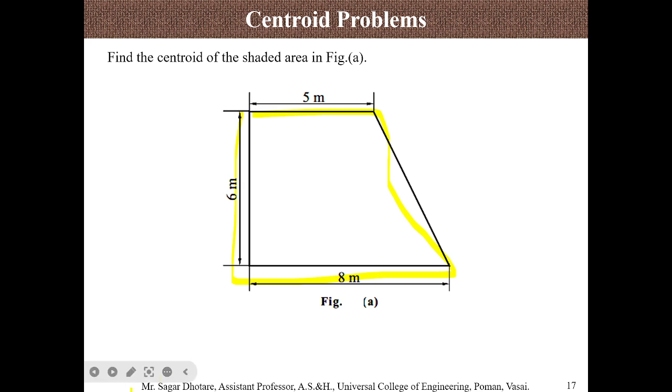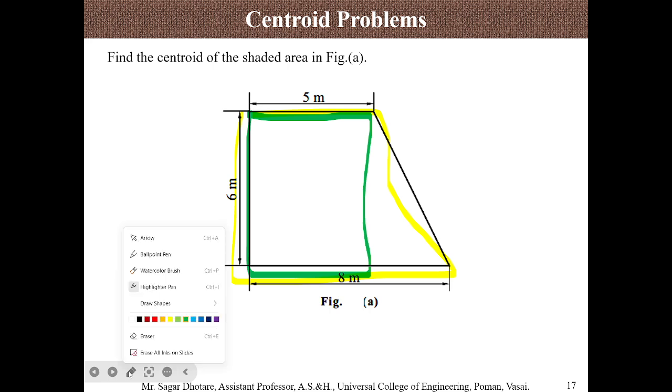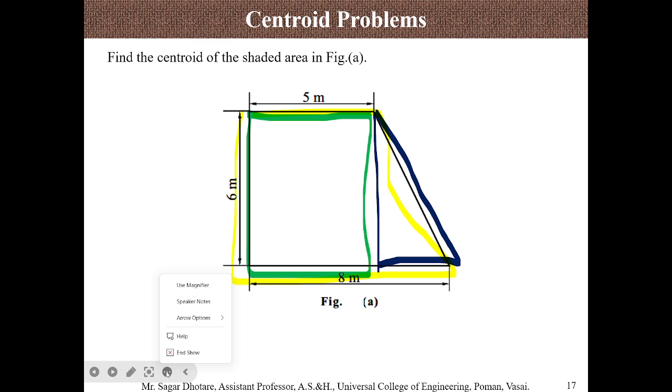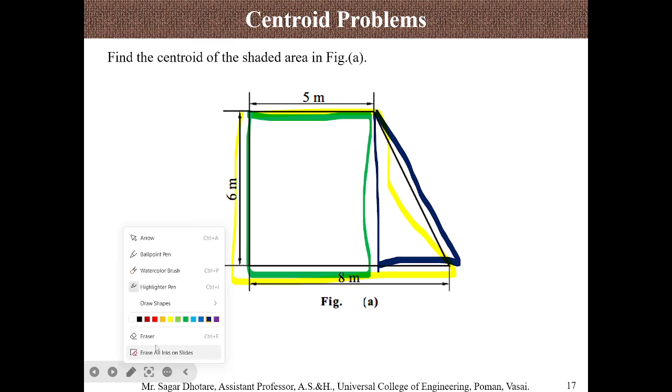There are two geometries we can see over here. The first geometry is a rectangle, and the second geometry, I will draw it with a different color, is a triangle. We need these two areas to calculate the centroid and its location for the given area.